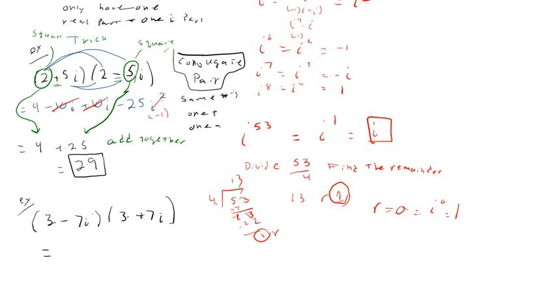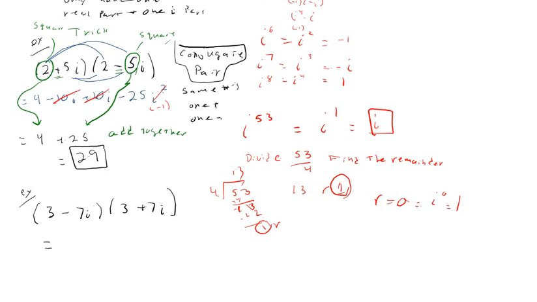Are they the same numbers with a plus and a minus? 3 minus 7i and 3 plus 7i, yeah, they look the same. Yeah, conjugate pair. What's going to be my answer? Well, I take the first number, 3, and square it. 3 squared becomes 9. 7 squared.